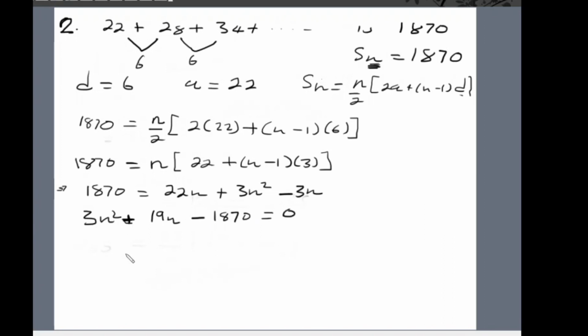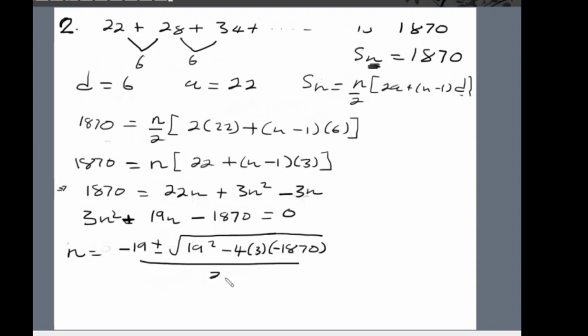Now we have a quadratic equation, so we can use the quadratic formula to solve for n. The quadratic formula is on the formula sheet. So n is equal to minus 19 plus or minus the square root of 19 squared minus 4 times a times c, where c is minus 1870. This is the quadratic formula: x is equal to minus b plus or minus the square root of b squared minus 4ac, all divided by 2a.